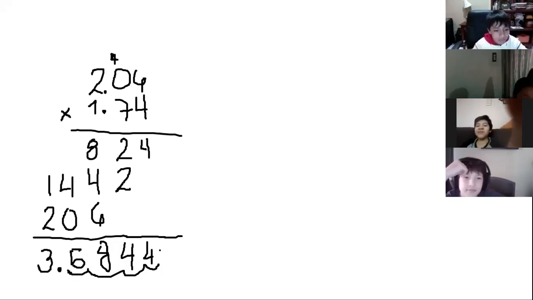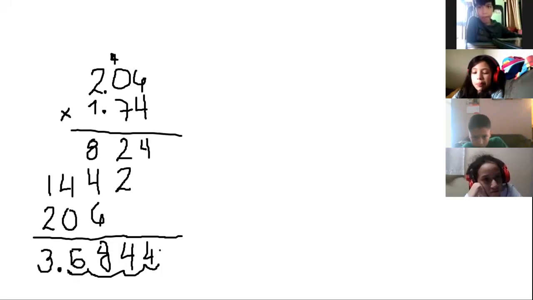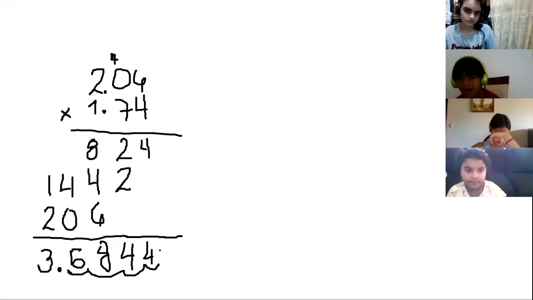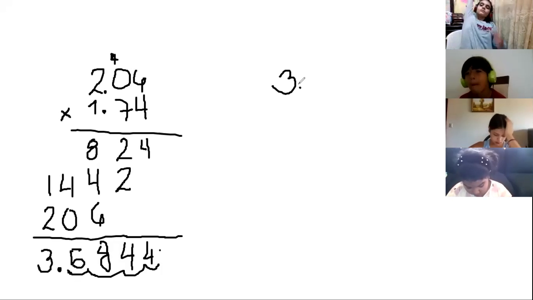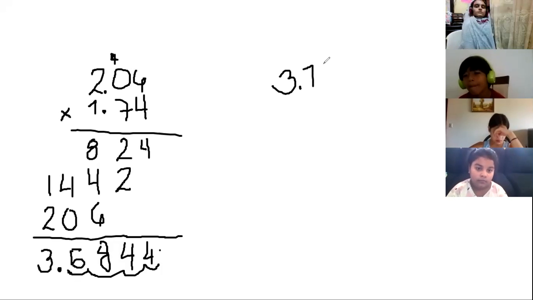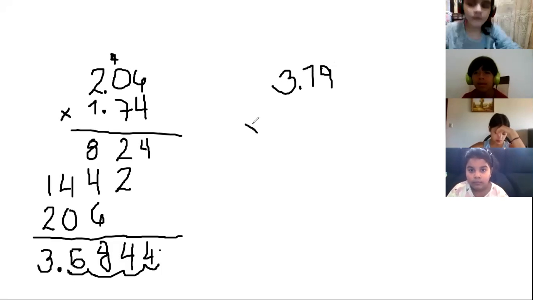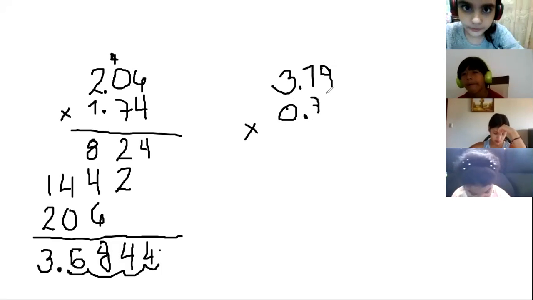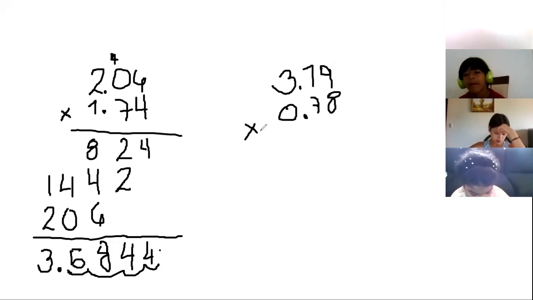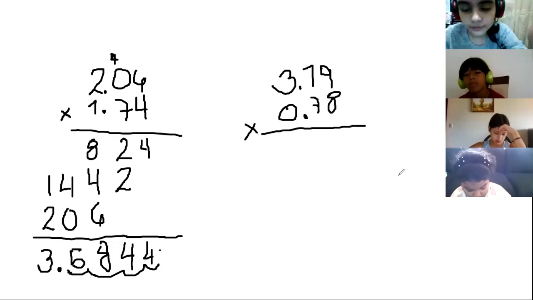Do you have another question, people? Okay, let's try to make another example. I have 3.19 times 0.78. Try to do it by yourself.